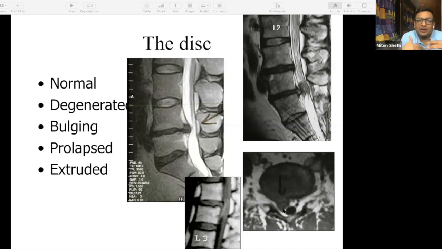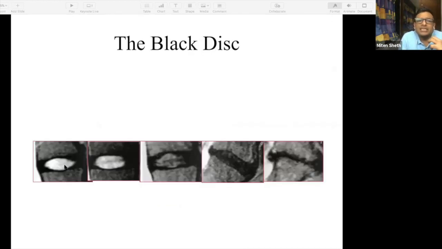Eventually you'll come to know what that means. So here the disc is basically compressing the right sided traversing nerve root. So if the patient is complaining of right sided leg pain, everything matches over here and you start treating the patient for the disc. Understood?